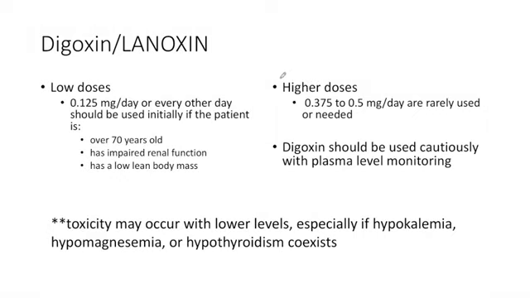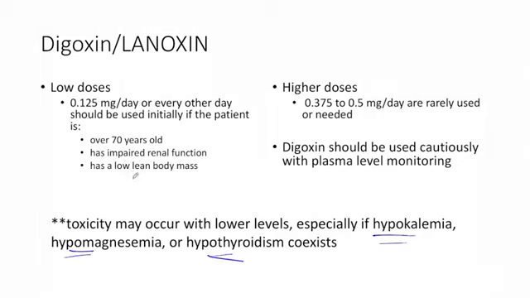It's still within the normal range, but you would expect that you're going to use the higher end of the normal range. All right. You have to monitor plasma levels, and toxicity may occur with lower levels, especially if there is hypokalemia that is comorbid with it. Hypomagnesemia or hypothyroidism coexist. So these are things that would put you at risk for easy toxicity.